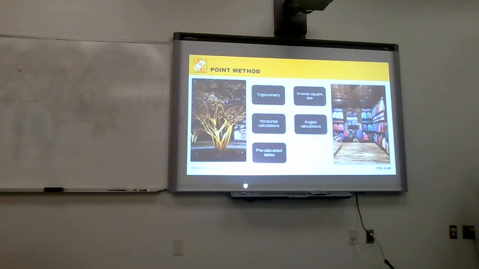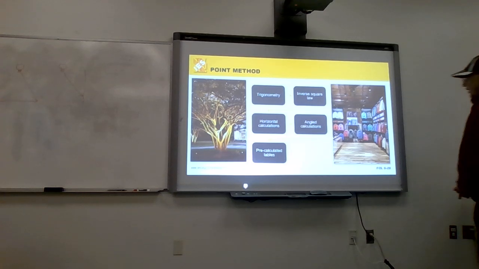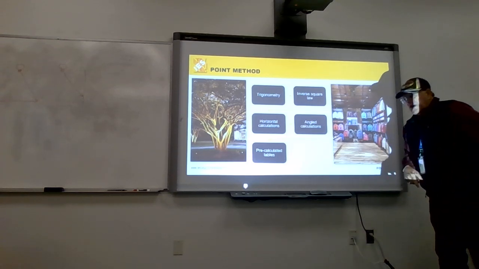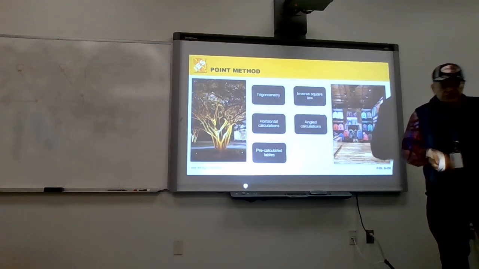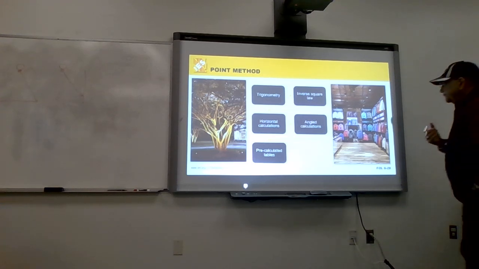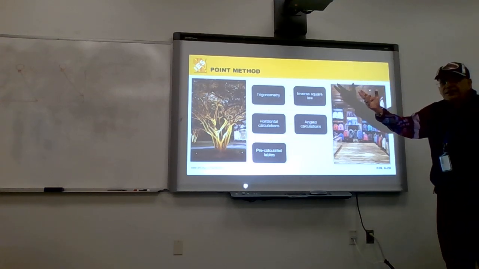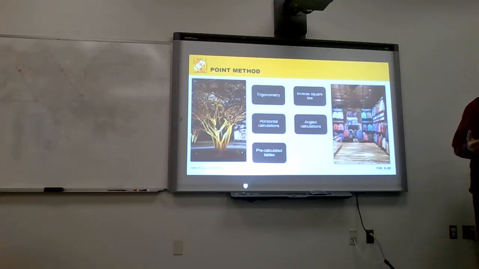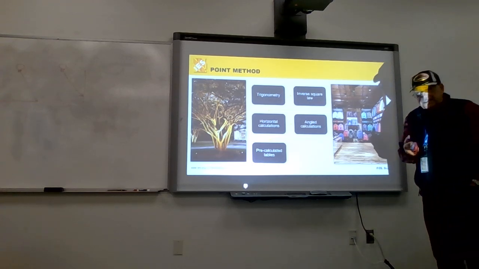So, the point method will require trigonometry. It will require employing the inverse square law. Everybody know what that is? Inverse square law. The further you get away from the source of the light, the less light's going to come out of it, and it's the square of the distance.